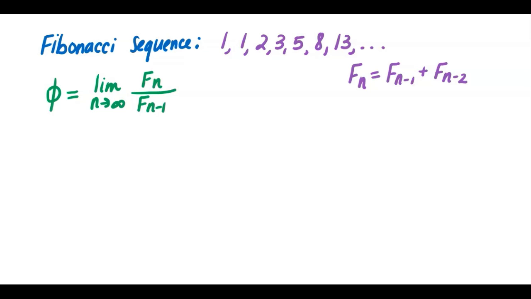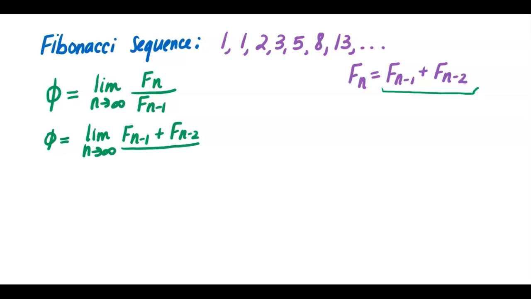So let's go ahead and calculate what is phi. The first thing I'm going to do is rewrite the numerator using this recursive formula that I defined over here on the right. So the numerator becomes f of n minus 1 plus f of n minus 2, and then all over that denominator of f of n minus 1.